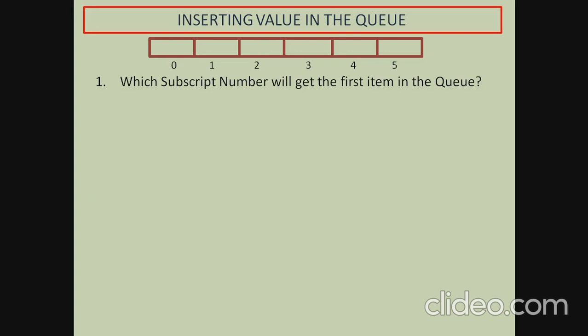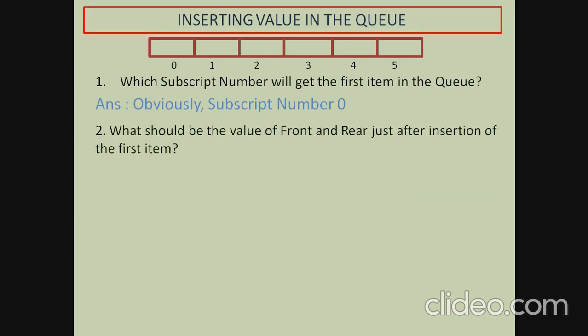It is subscript number 0 that would get the value. Now, when subscript number 0 gets the value, what should be the value of front and rear? That is, just after the first subscript number gets a value, that is, one item is inserted.